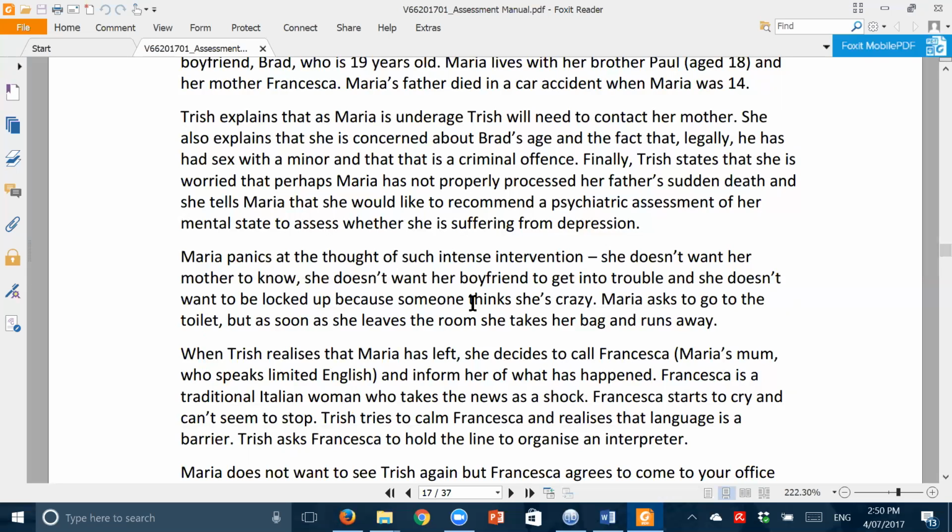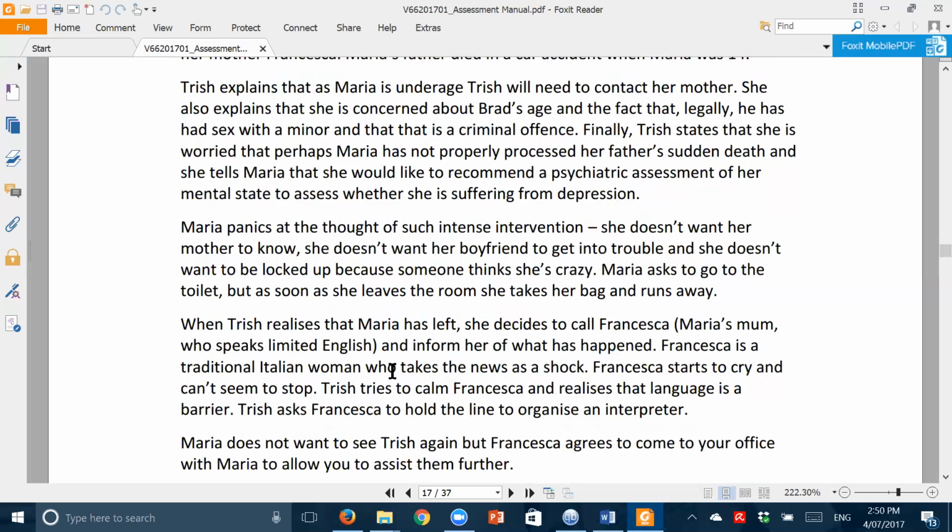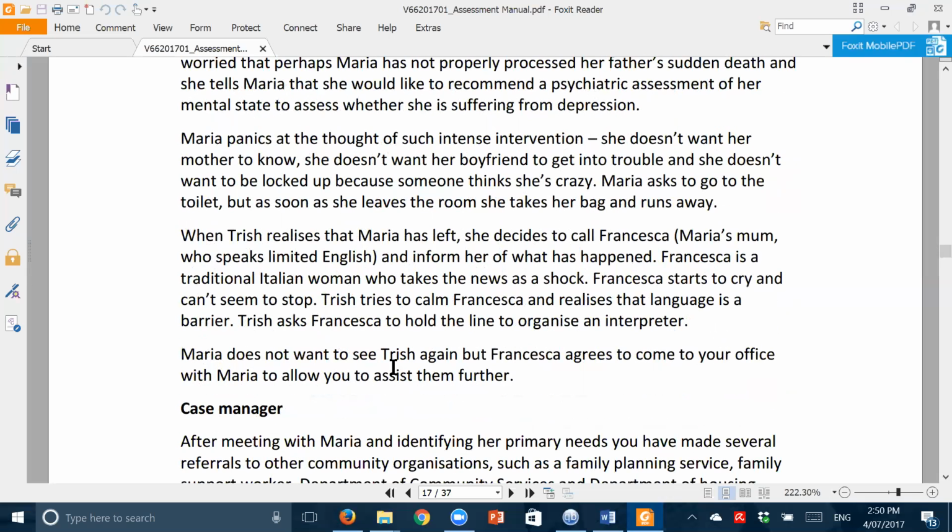But okay, we're sticking with the case study, so we're not 100% clear that an underage inappropriate relationship has occurred, and now Maria is not underage at the age of 16. She's officially able to make decisions, go and see doctors on her own, and not have to have her parents sign off on everything.